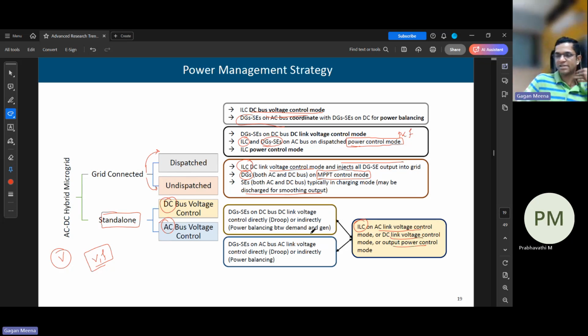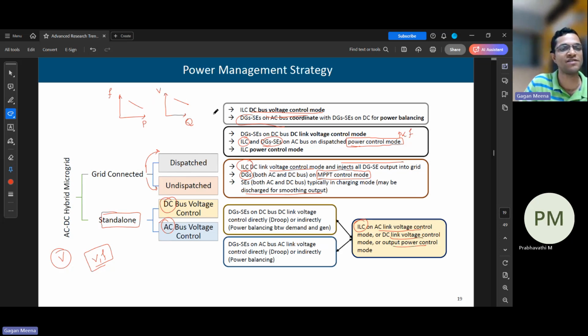So here, in the DC bus, the DC link voltage can be controlled either directly or indirectly. Directly is by using droop control. In AC we have seen droop is P-F or Q-V. These are the droop characteristics which we use in AC microgrid. But in DC microgrid, these droops are not available because frequency is not there.